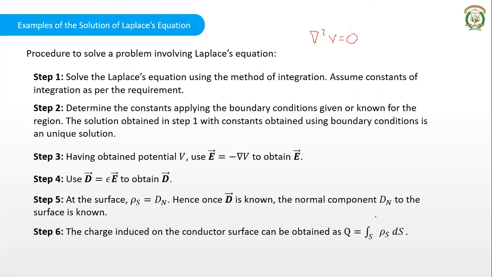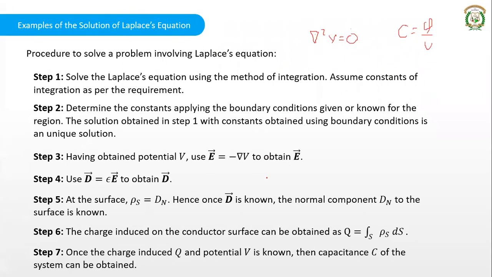Then you can find C using C is equal to Q divided by V, where V is the potential.